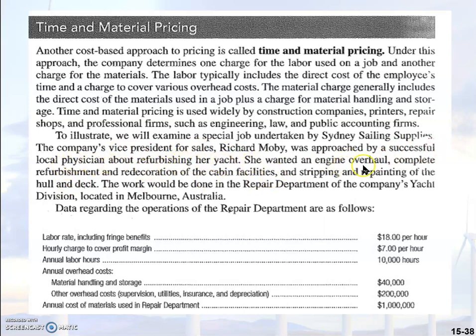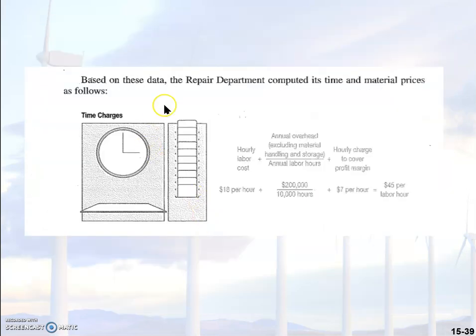She wanted an engine overhaul, a refurbishment and redecoration of the cabin facilities, and stripping as well as repainting activities. Based on this data, the repair department computed its time and material prices as follows. We have the hourly labor cost of $18 per hour. We included the overhead part.